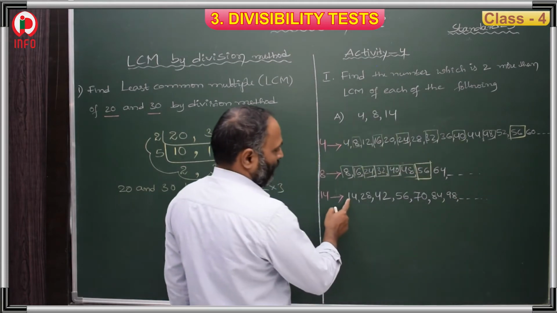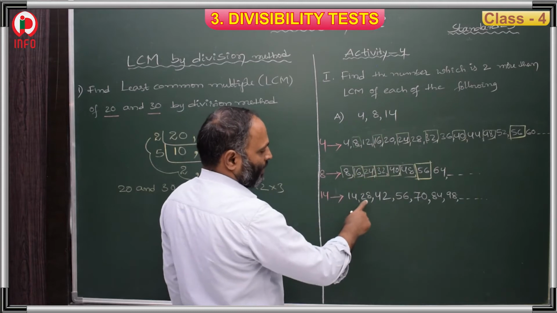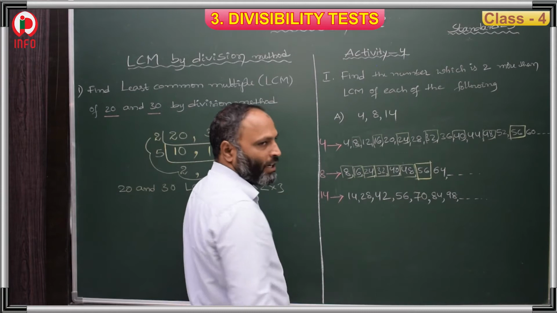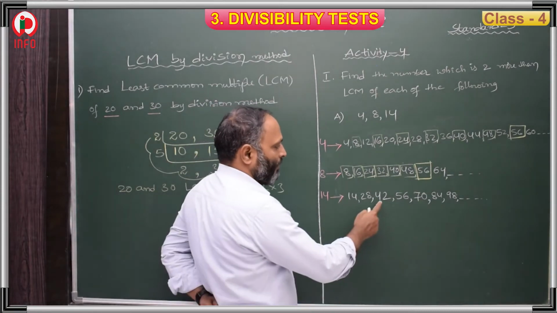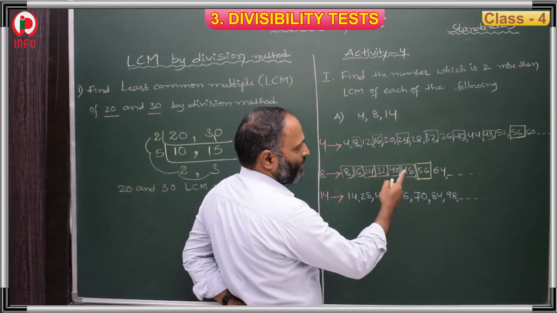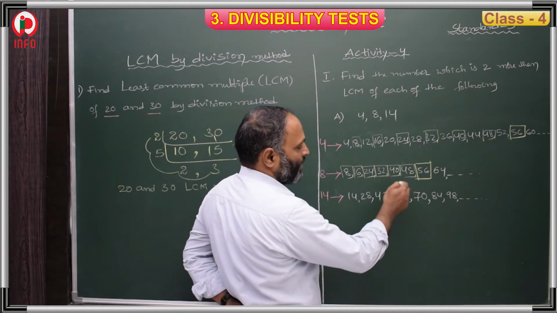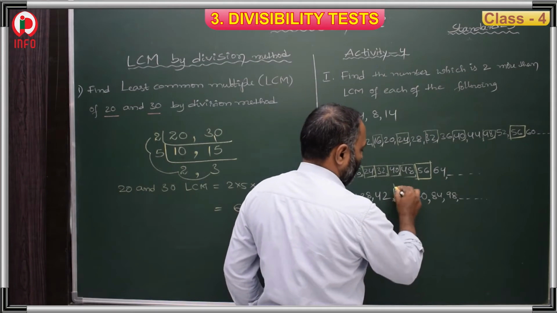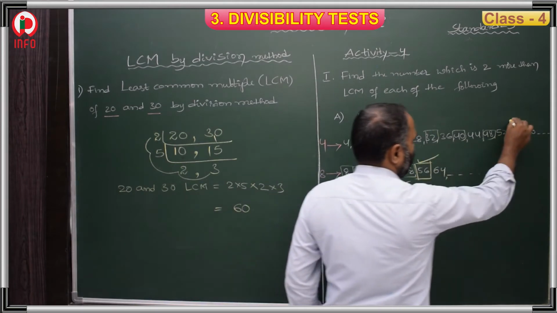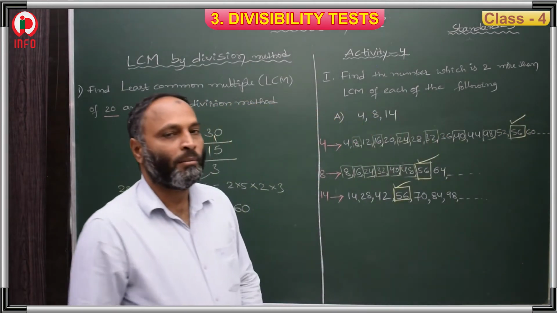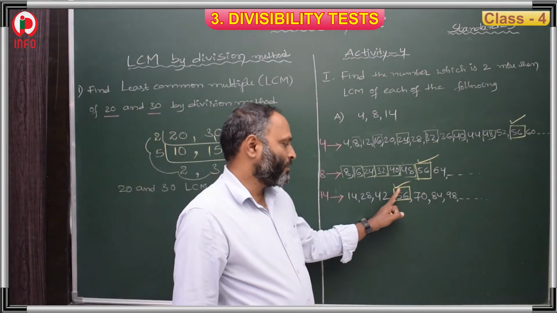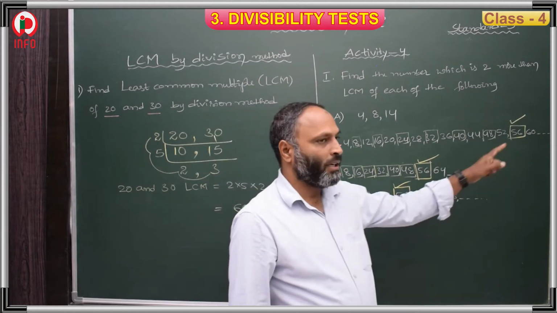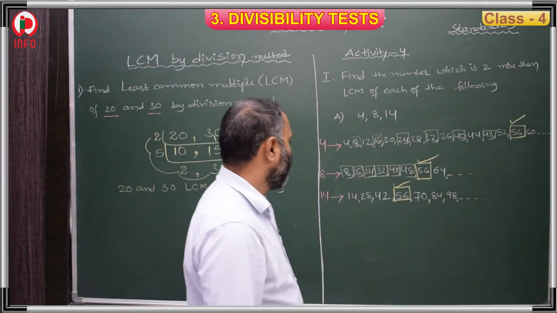If you check, 14 is not common in the other two. 28 is there here and here, but there is no 28 in the 8 table. 42 is not there. 56 is there, and 56 is common in all three. So this is the first, least multiple which is common in all of 4, 8 and 14.